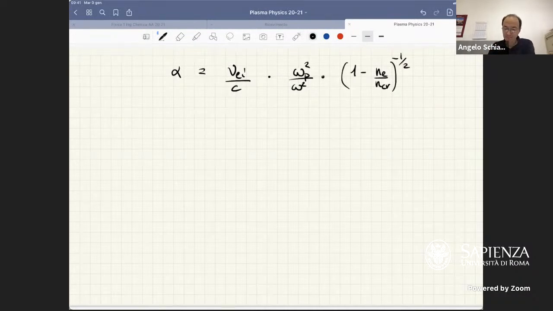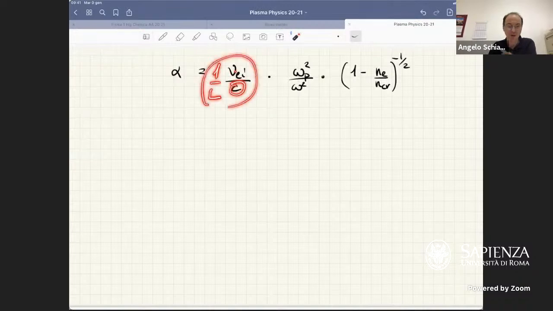As you can see, this has the correct dimension. So this is a dimensionless ratio. This again is a dimensionless number. And then we have a frequency divided by a speed. So this has the dimension of 1 over L. So it's 1 over the absorption length.